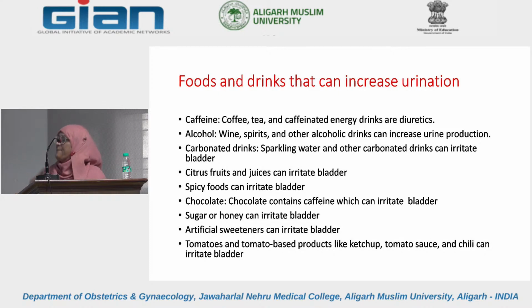Fortunately not a problem, but these days it is becoming popular even in our female population. Carbonated drinks, which are very popular, Coca-Cola or Pepsi and all those things, cause bladder irritation. Citrus fruits are also good to taste, but they are notorious for the bladder. Then spicy food, chocolate, because it contains caffeine, and sugar or honey can also irritate the bladder.